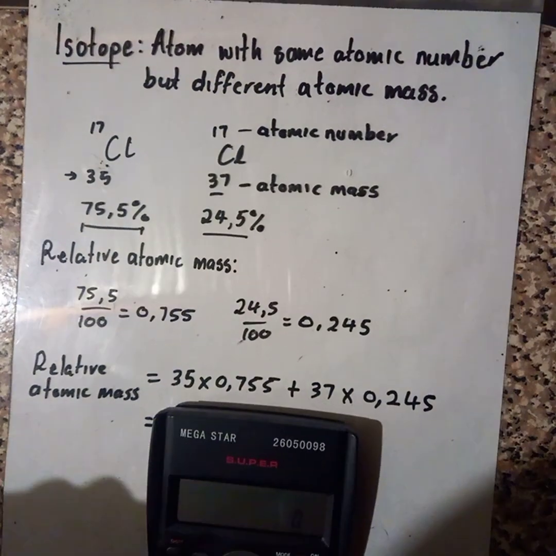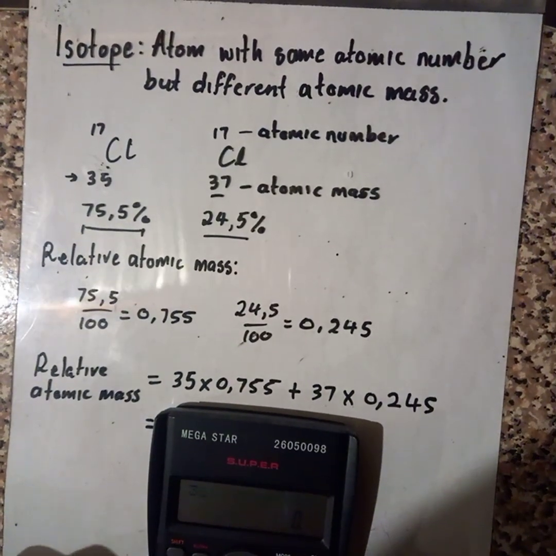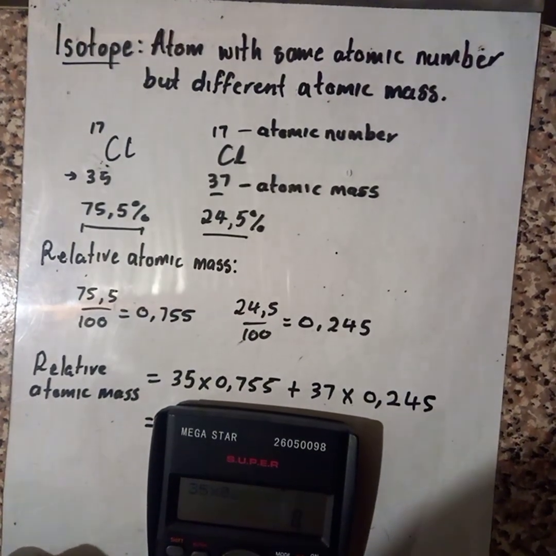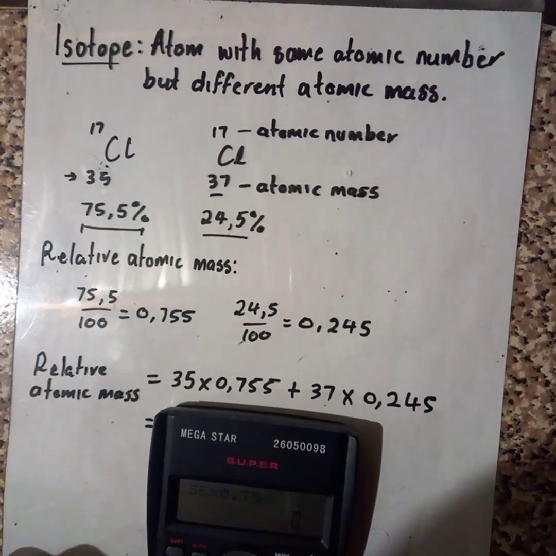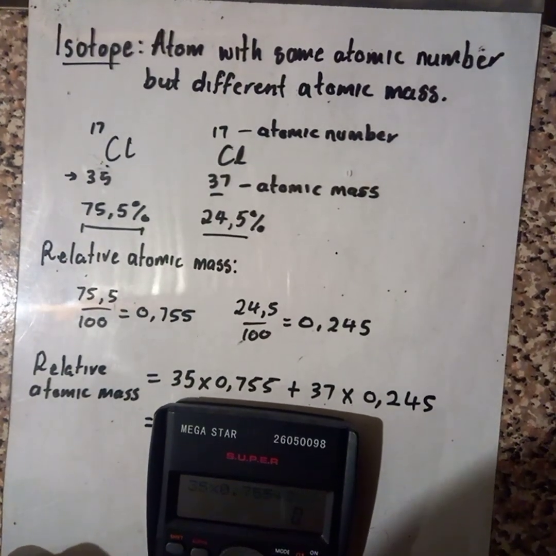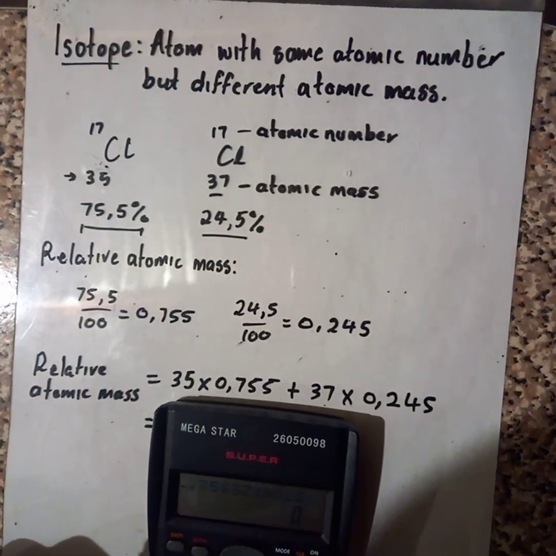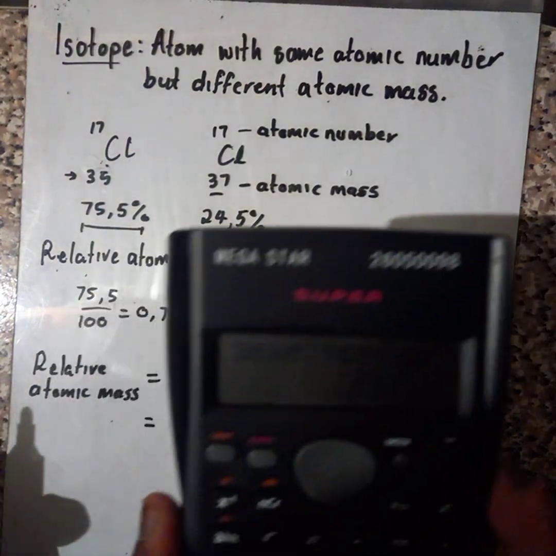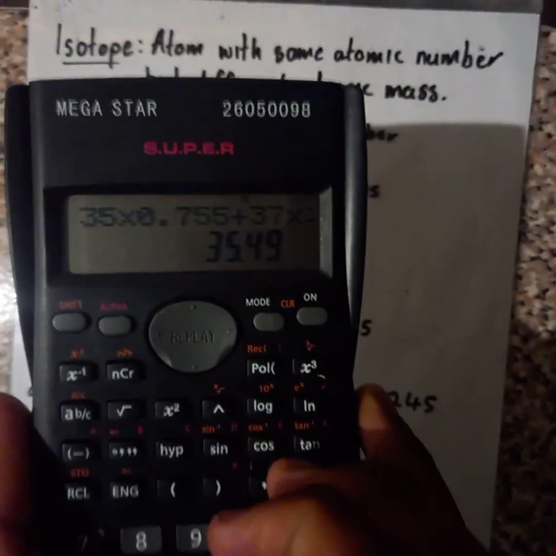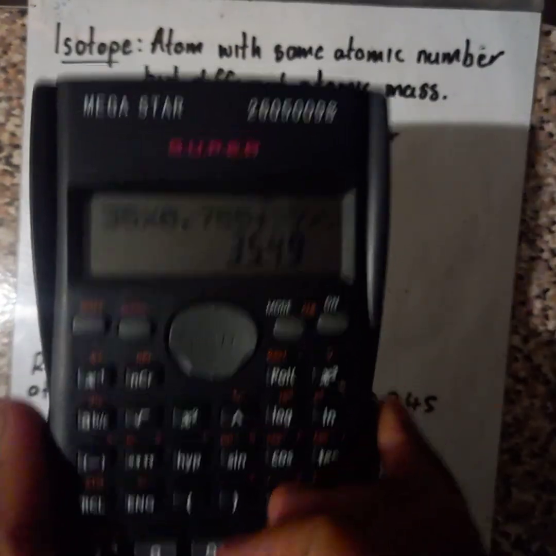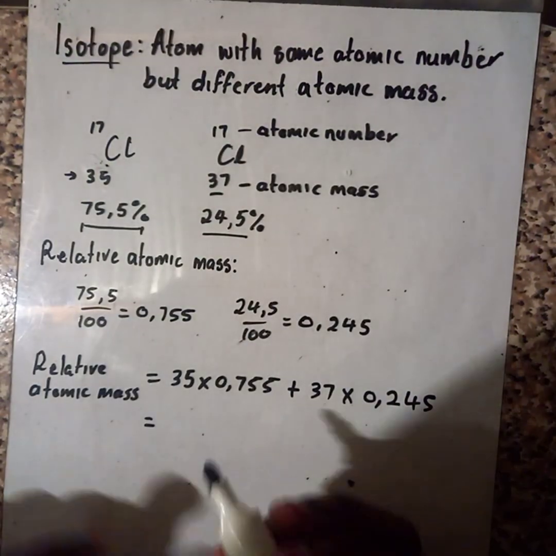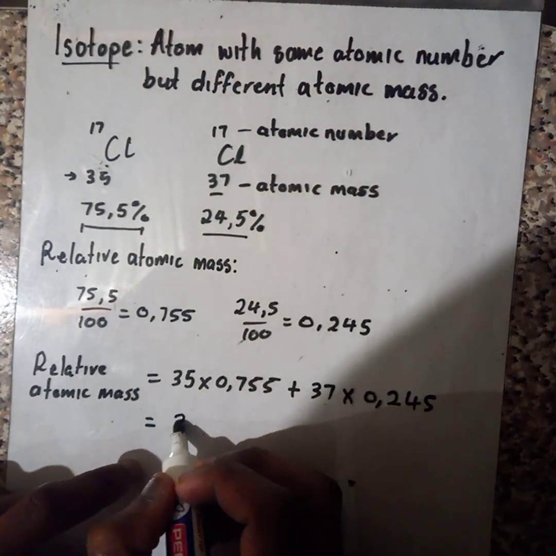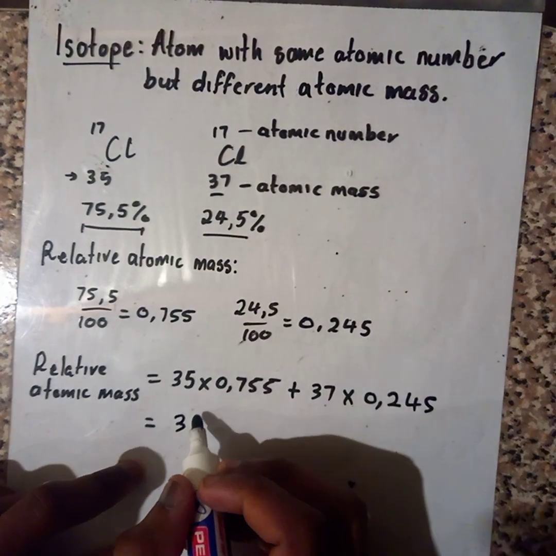which is going to be now 35 multiplied by 0.755 plus 37 multiplied by 0.245. Let us round our answer to 1 decimal.